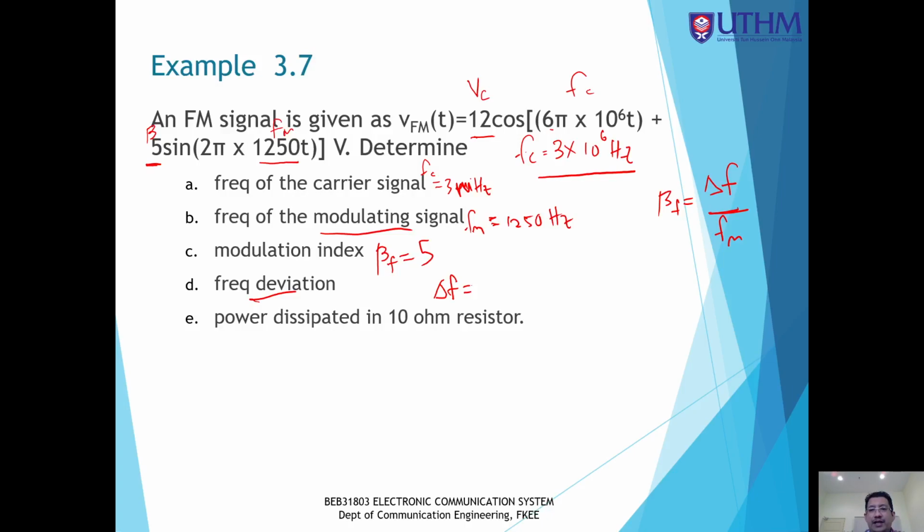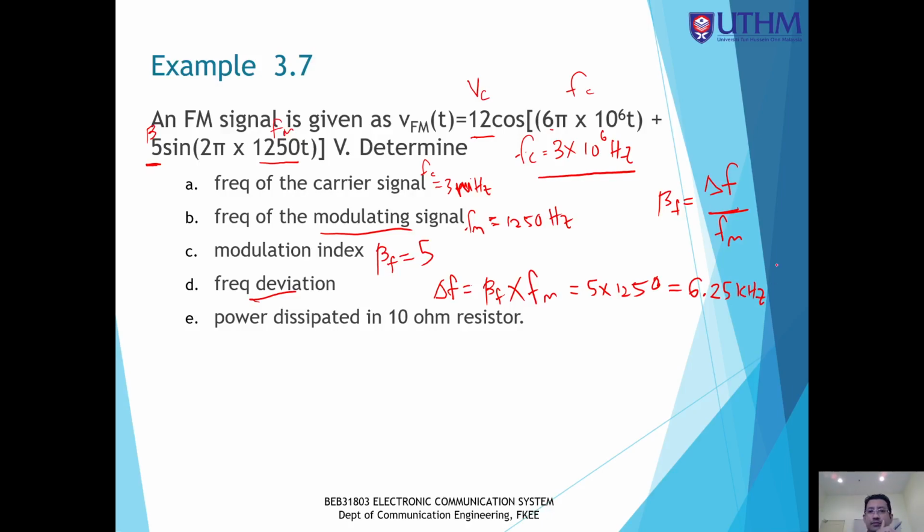So if you want to find delta f, that means delta f is equal to beta f multiplied with the modulating signal frequency. So you will get 5 times 1250. So 1250 multiplied with 5 is 6250. So you can write it like this, 6.25 kilohertz.